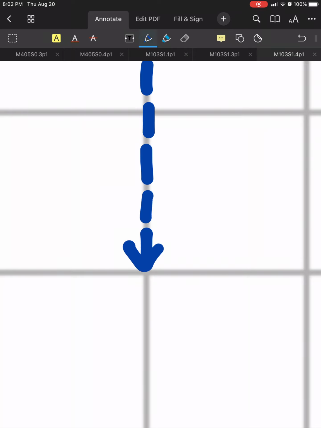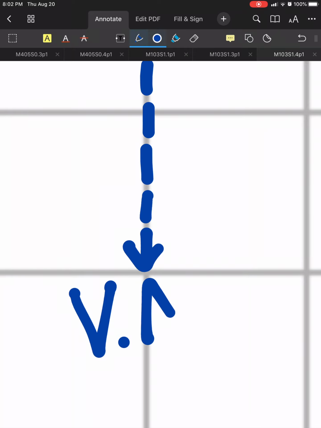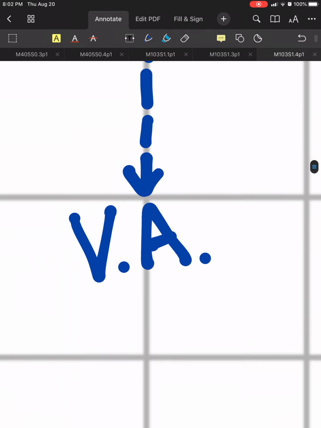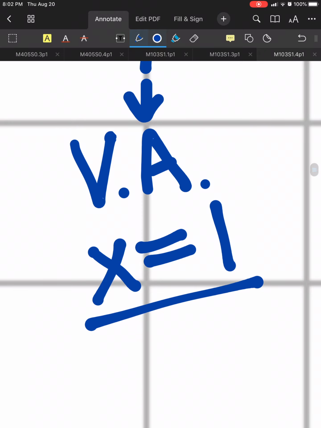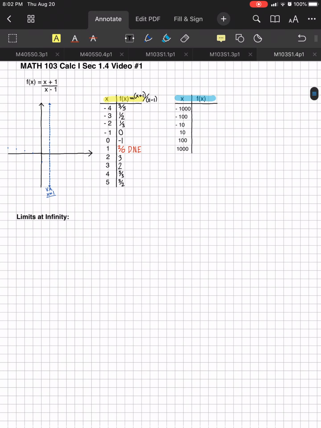Okay, so there's your vertical asymptote, which would be x equals 1. Those are all the points we've graphed so far.